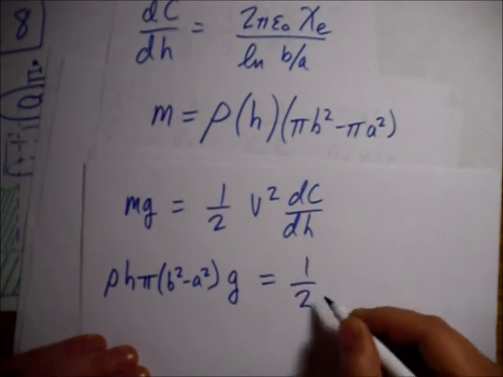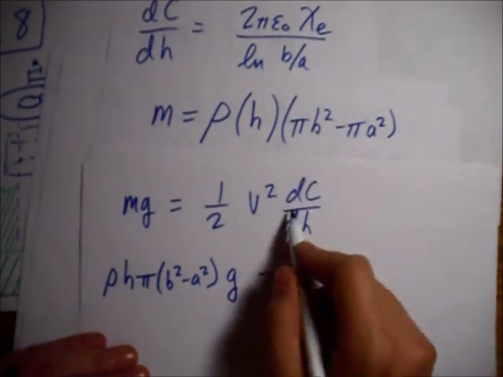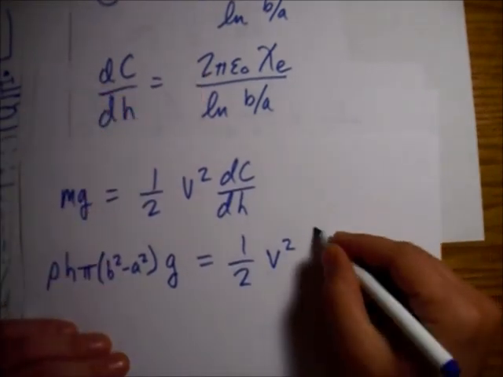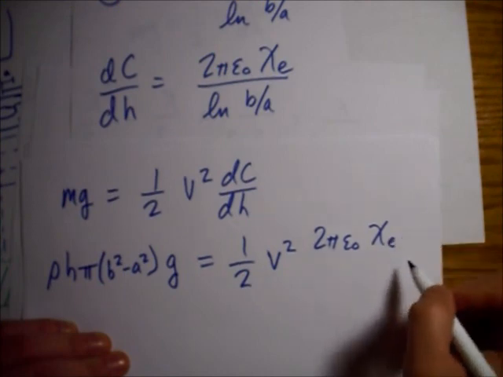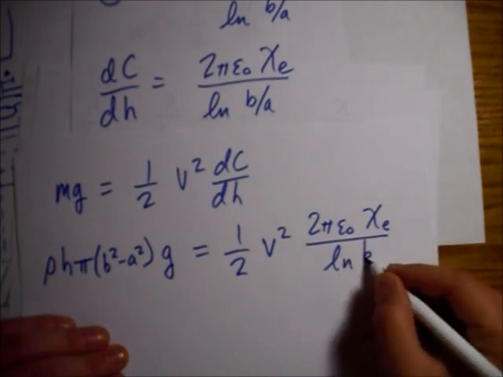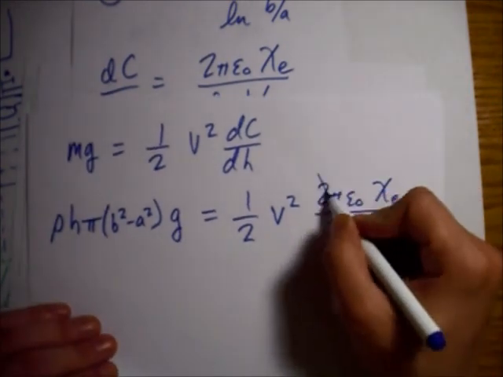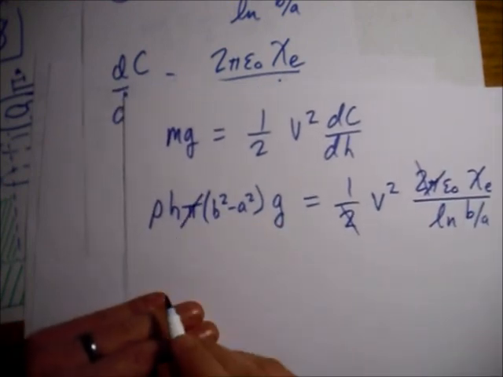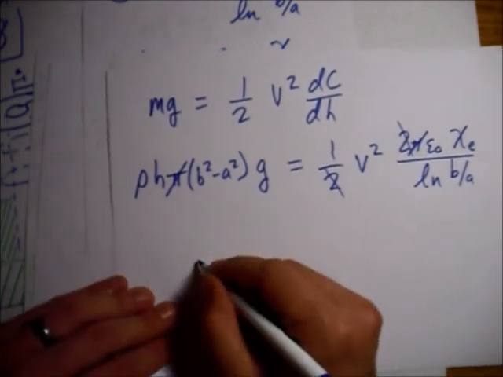Now I have a 1/2 v squared, and now I need to plug in this dC by dh, which is just right here: 2 pi epsilon naught, the electric susceptibility, natural log of b over a. Okay, this 2 is going to kill that 2. This pi is going to kill this pi. And that's about it. So let's solve for this h.